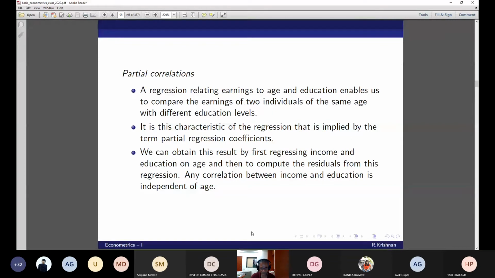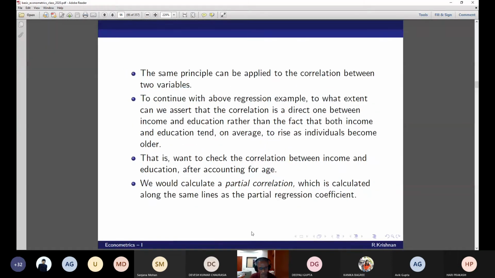We can obtain this result by first regressing income and education on age and then computing the residuals from this regression. My question is, is there a way to find the correlation between income and education which is independent of age? This same principle can be applied to the correlation between two variables.